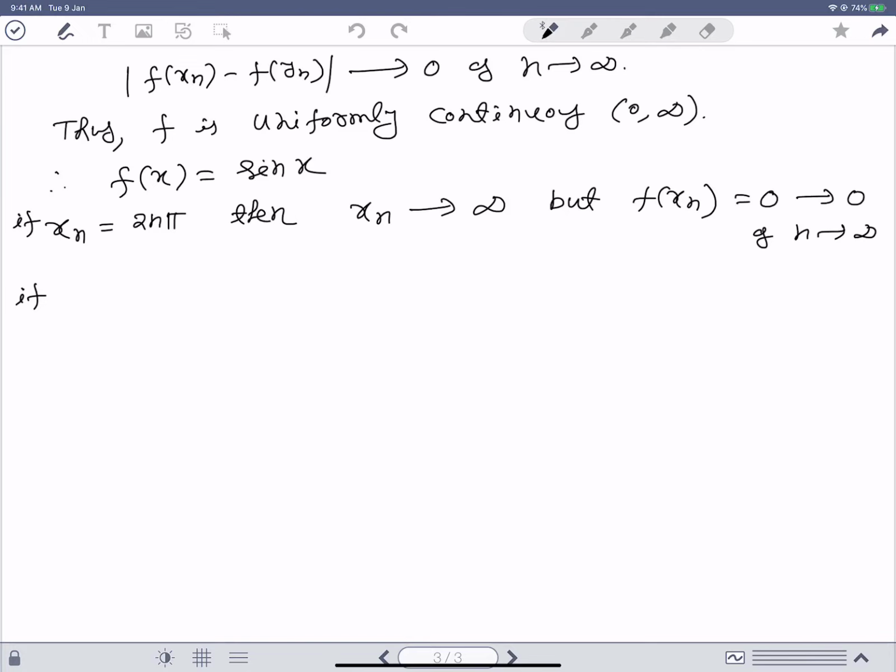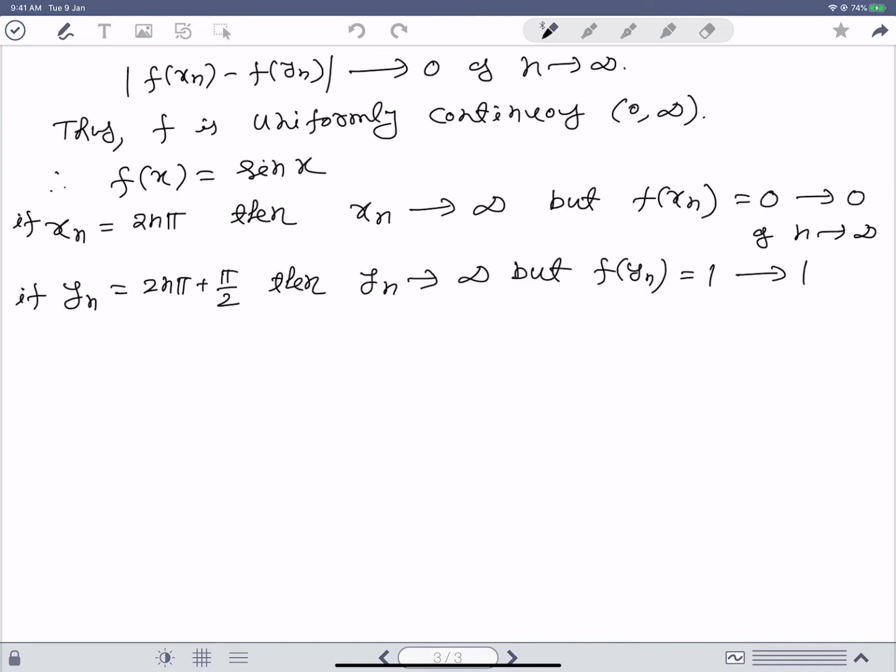Now if we choose yn equal to 2n pi plus pi by 2, then again yn diverges to infinity, but f(yn) is just 1 and it converges to 1 as n tends to infinity.